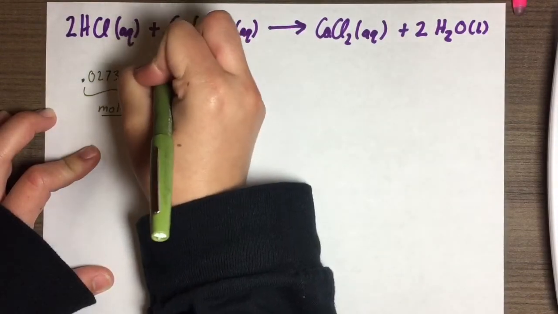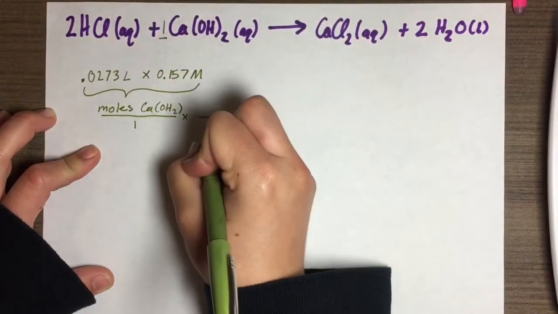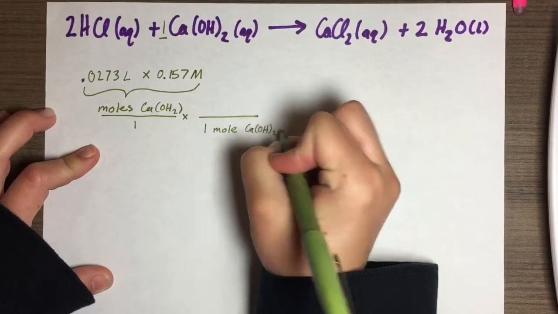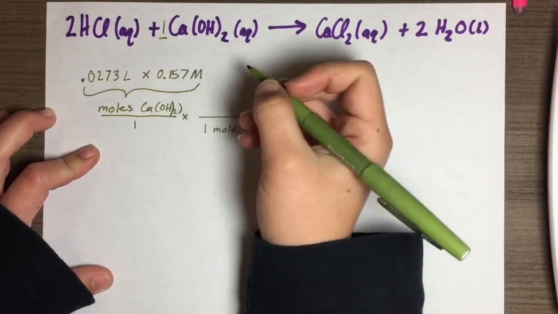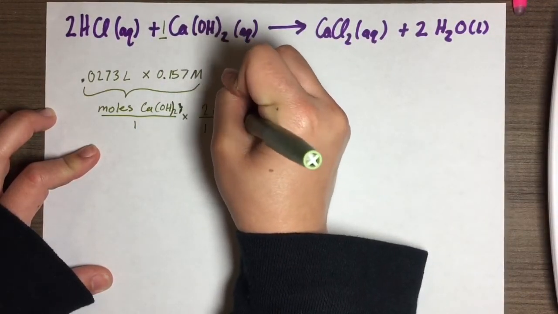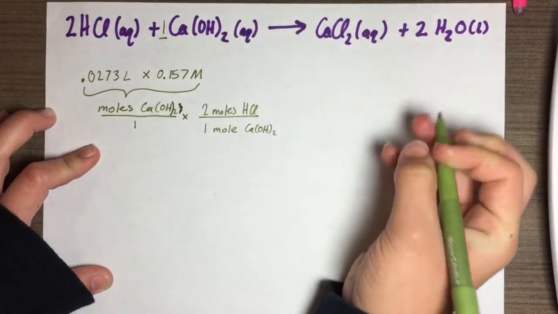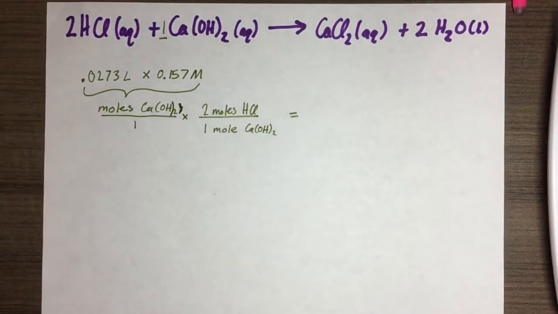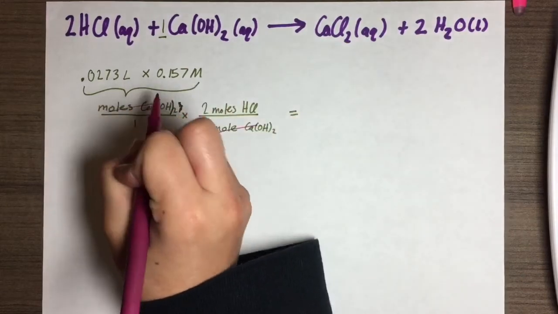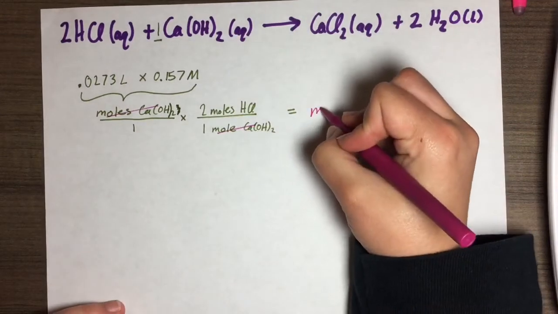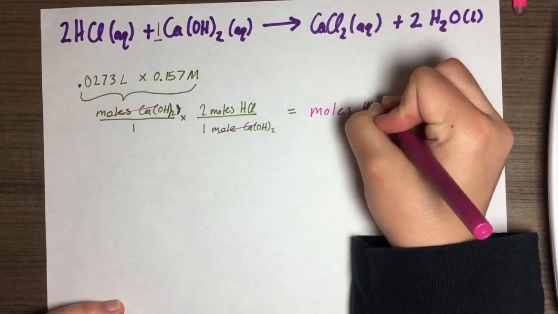So for every 1 mole of calcium hydroxide, I rewrote this, there are 2 moles of hydrochloric acid in this balanced reaction. So from there, our units are going to cancel, and this will give us the moles of hydrochloric acid.